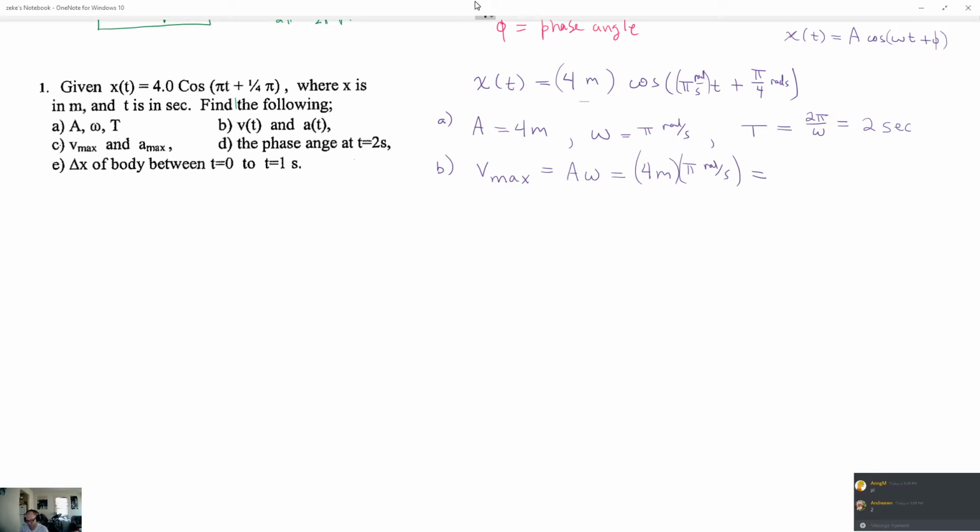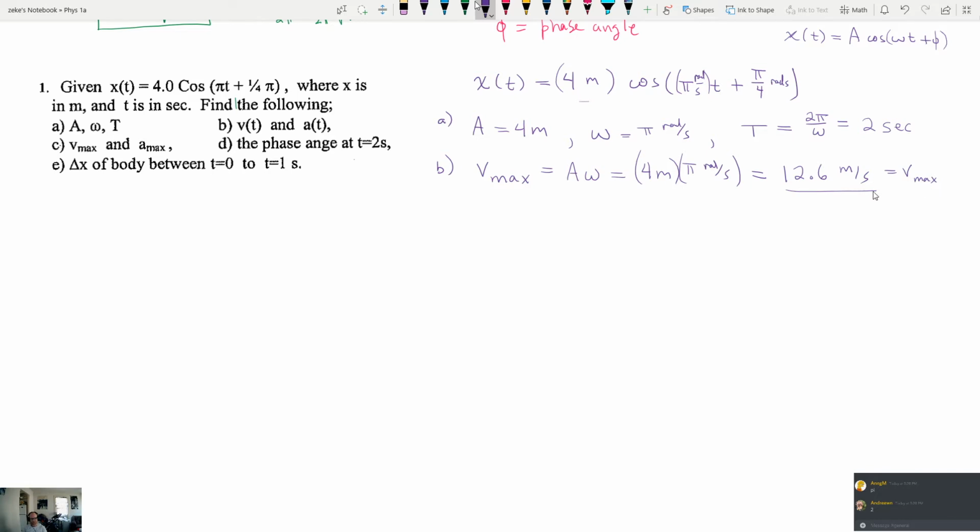So this is about 12.6 meters per second. And again, you don't have to write the radians here.